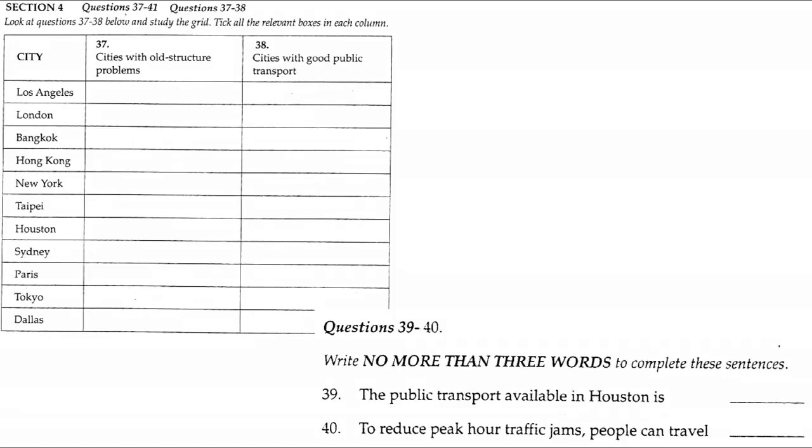Sydney has narrow streets in the centre of the city, and the new roadworks are not keeping up. Paris has wide streets, but it's still the victim of old structure problems, like Rome and Edinburgh. Tokyo is another city with old structure problems compounded by a huge population, like New York. Cities which do not have these old structure problems are Houston, Los Angeles and Dallas.